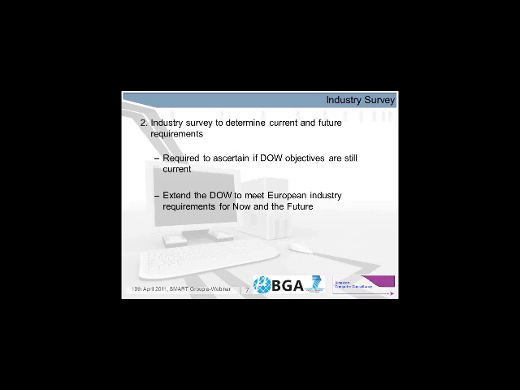We needed to ascertain if the DOW, the document of work, or EC project speak for the scope of the project, is still current, and we needed to know whether we needed to extend the DOW, the project scope, to meet the European industry requirements for now and for the future.